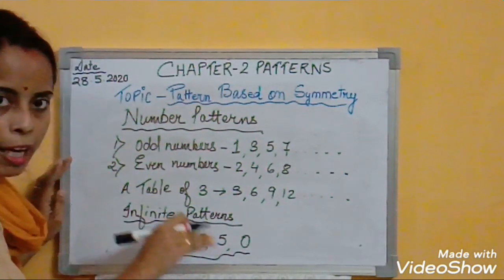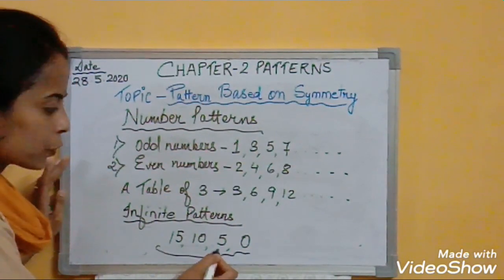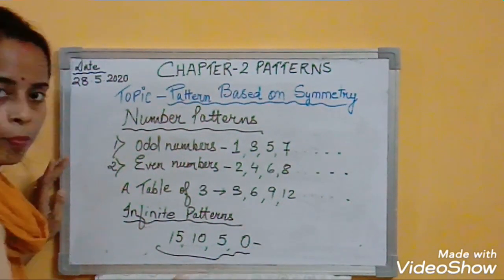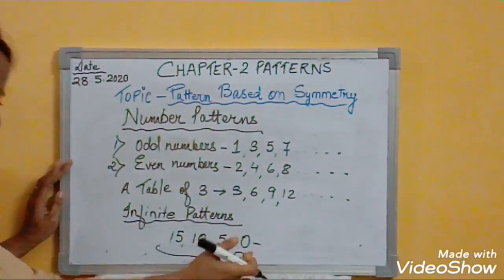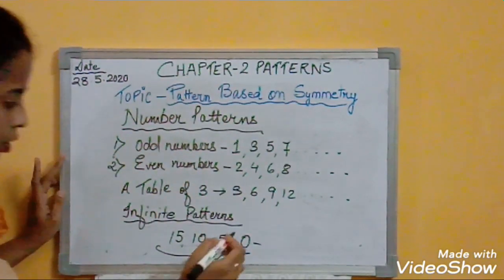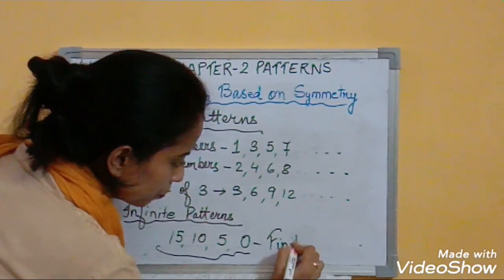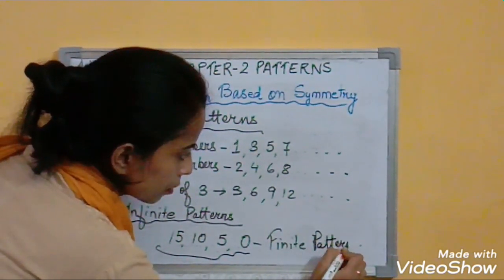Numbers are decreasing by 5. 15 minus 5, 10; 10 minus 5, 5; 5 minus 5, 0. Here it ends. So, patterns that end after a few terms are called finite patterns. What do we call them? Finite patterns.